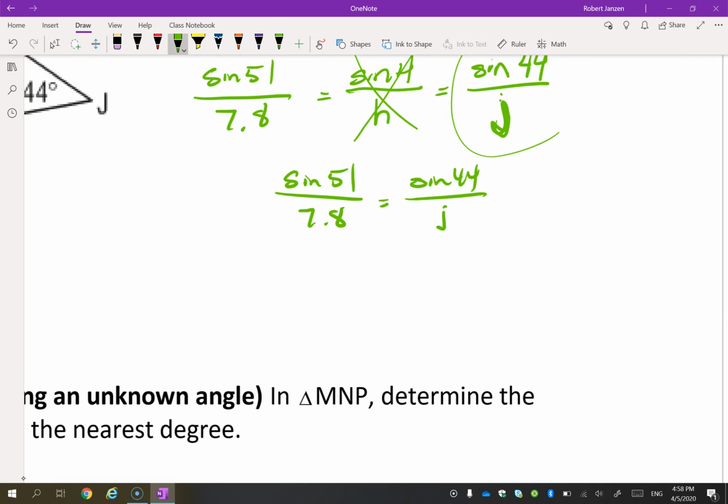We can solve these always using cross multiplication, just like you did with trig back in grade 10. So we're going to go 7.8 times sine of 44 equals sine of 51 times j. Since we want j by itself, let's divide by sine of 51.